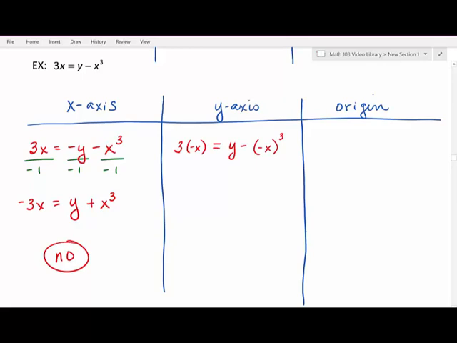On the left, we have a positive times a negative, which gives us negative 3x equals y minus. Now, if you have a negative x raised to the third, that's a negative times a negative times a negative, that's going to give us negative x to the third. And then we want to rewrite that right side. Instead of writing minus a negative, let's make that y plus x to the third.